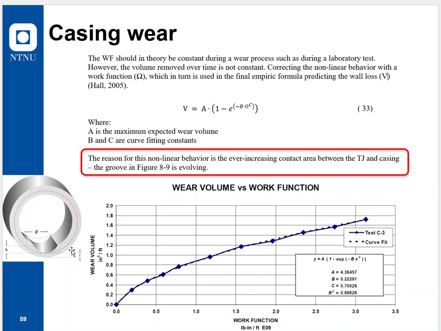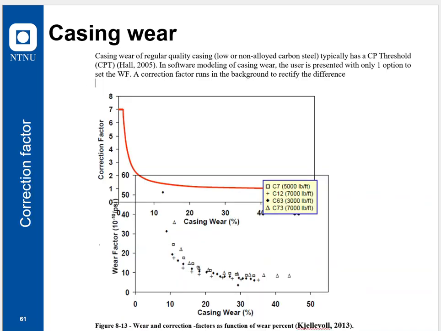And once you have made a groove, you see that the contact area between the pipe and the casing is increasing. And that's what we are accounting for in this calculation.